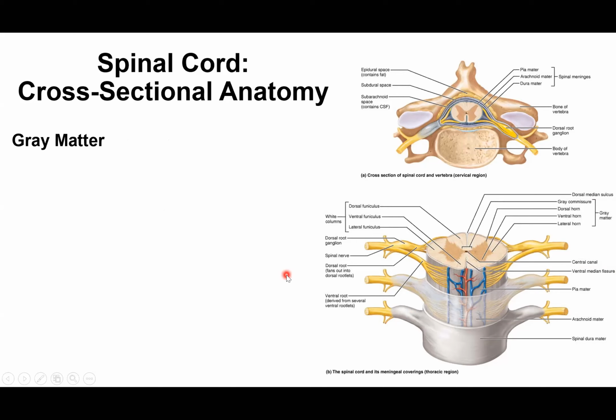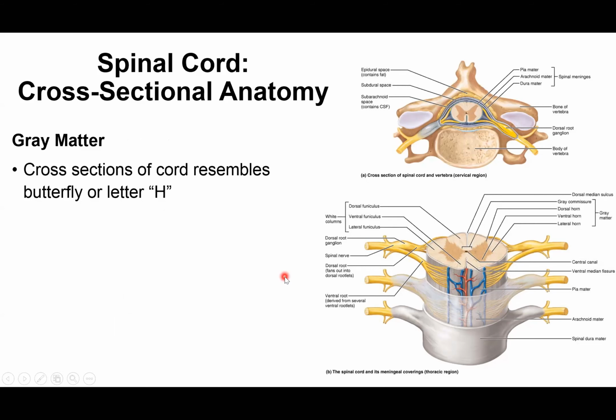So talking a bit more about gray matter, the cross sections of the spinal cord sort of resemble either a butterfly, or maybe you look at them as the letter H. All right, and there are three primary areas of gray matter.